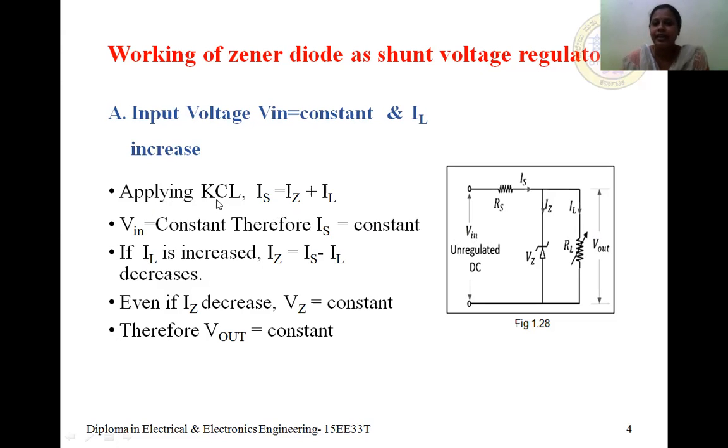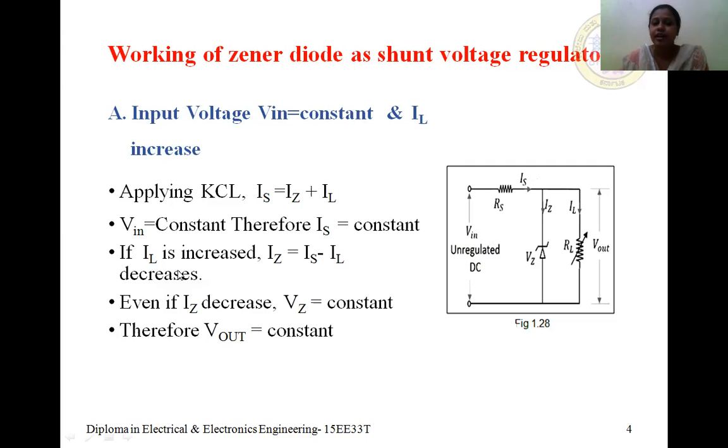By applying KCL, that is Kirchhoff's current law, Is is equal to Iz plus IL. You can see here the current flowing through the resistance is Is, that is divided into two parts, that is Iz plus IL. So Is will be equal to Iz plus IL. So when Vin is constant, this current Is is constant.